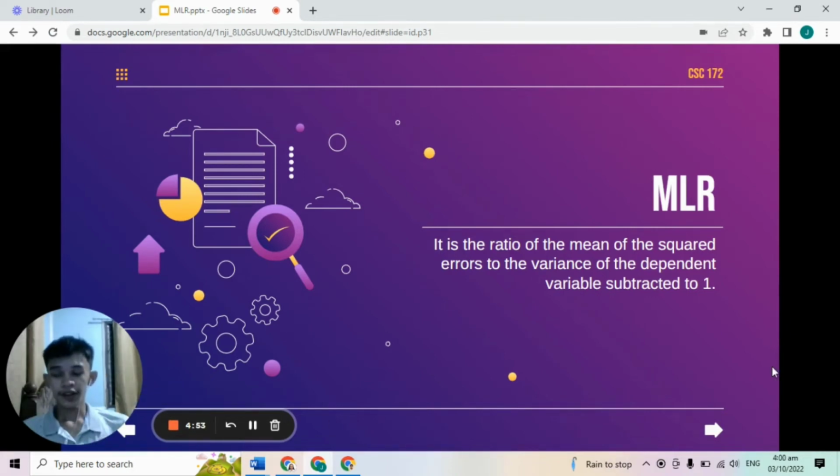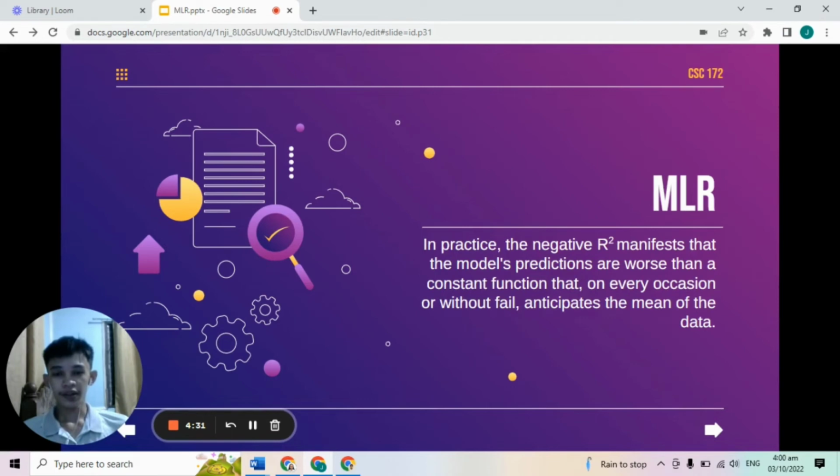As it is unbounded how flawed or inferior a model's predictions can be, it's feasible for this ratio to become arbitrarily large so that, when subtracted from 1, it yields a negative difference. In practice, a negative R-squared indicates that the model's predictions are worse than a constant function that always predicts the mean of the data.